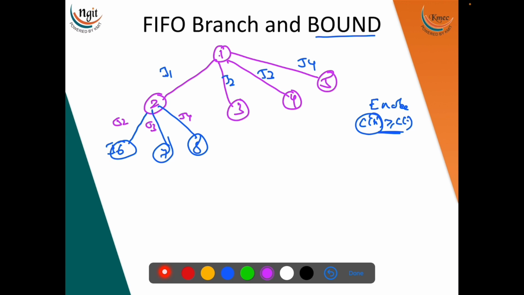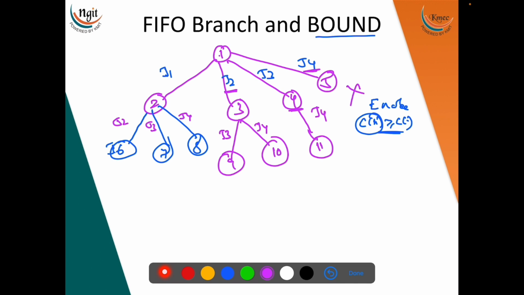If it is exploring at the third level, J2 is already there, so you have to find J3 and J4. Now, already it is J3, so you have only one chance, that you can place only J4. That's it. Anyhow it is J4, there won't be any choice of placing another job. So, two jobs were completed.